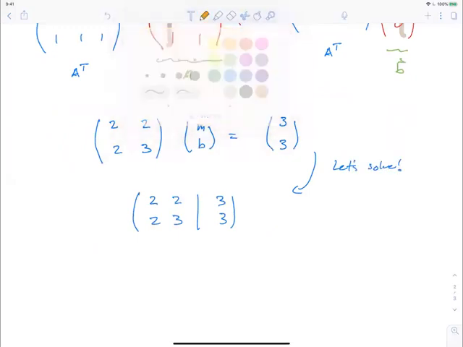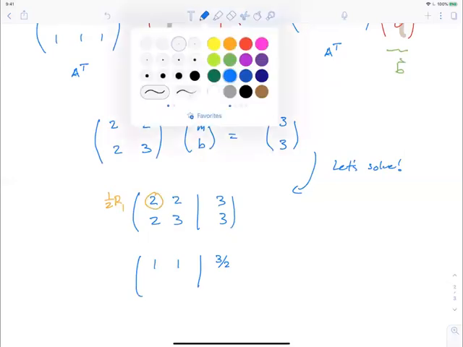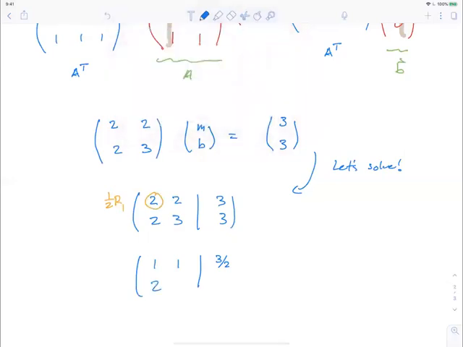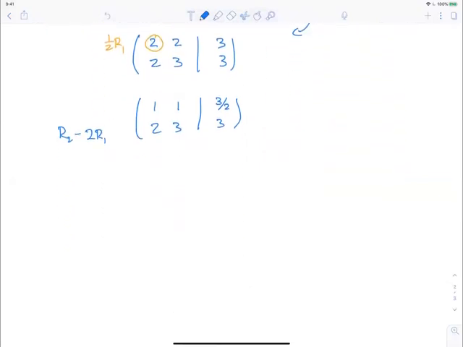All right, I have a nice pivot position right here. So we're going to divide by half. And then we're going to subtract that second row.